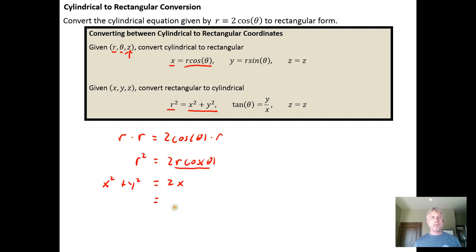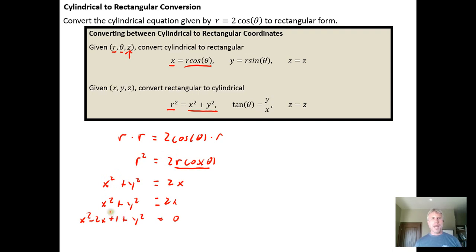And then we could look at attempting to simplify this to see if we can figure out what it is if we want to. So I've got 2x. Here I have x squared plus y squared. So we could subtract the 2x from both sides. x squared minus 2x plus y squared equals 0. And then if I complete the square on this, I take half of negative 2, which is negative 1, and negative 1 squared is 1.